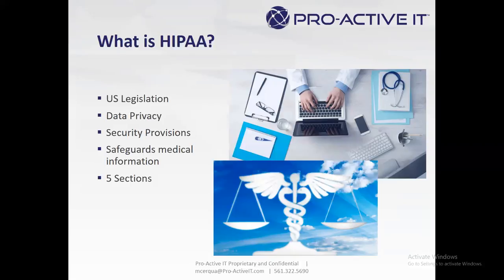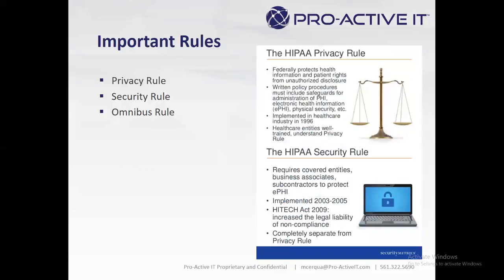Now, to understand HIPAA security, we need to be aware of 3 important HIPAA rules: 1, the privacy rule, 2, the security rule, and 3, the omnibus rule. The privacy rule focuses on the rights of individuals to control the use of their personal information.